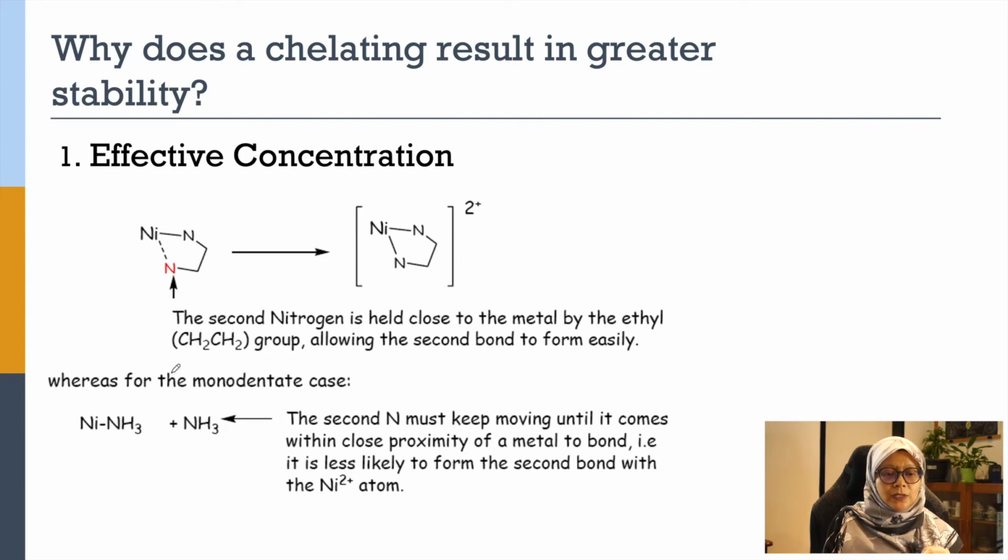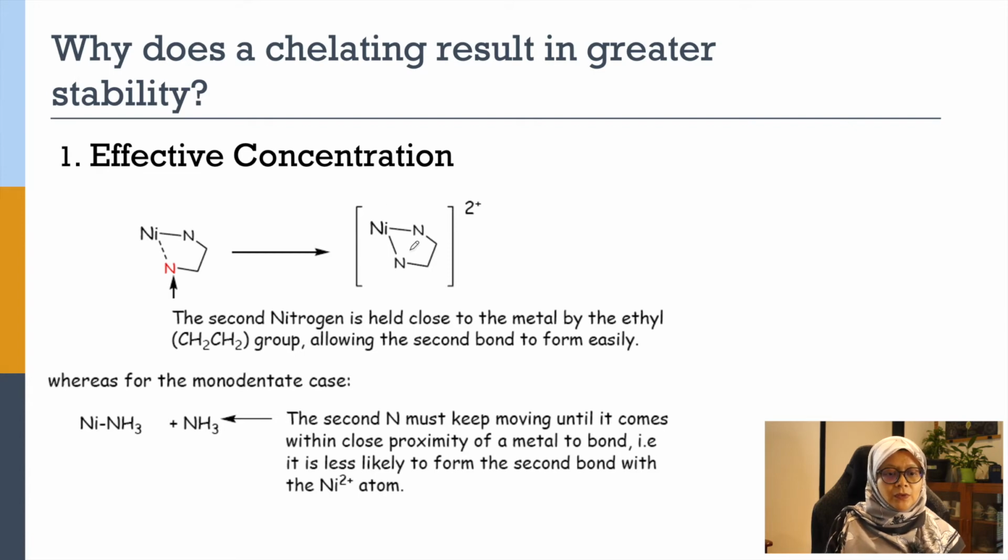If we compare with the monodentate case, nickel with monodentate ammonia, the second end must keep moving until it comes within close proximity of the metal to bond, where it is likely to form the second bond with the nickel 2 atom.